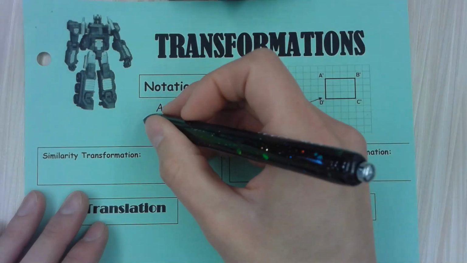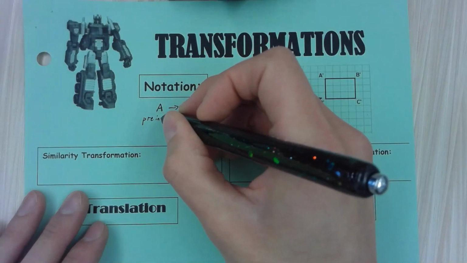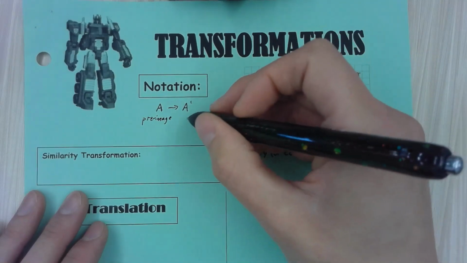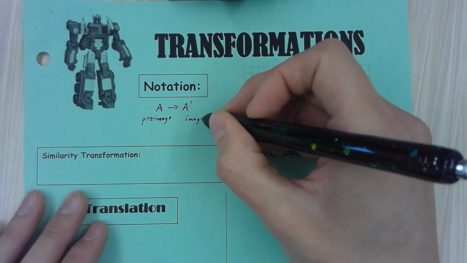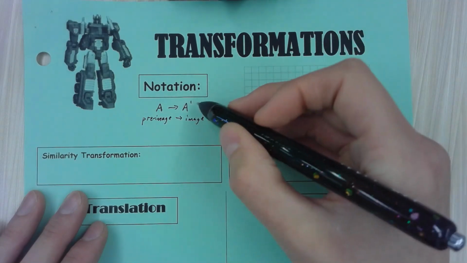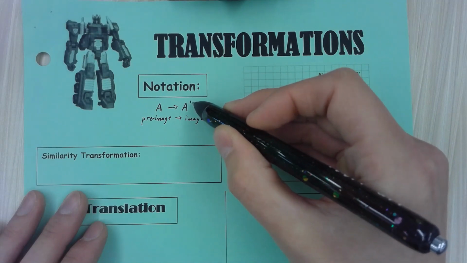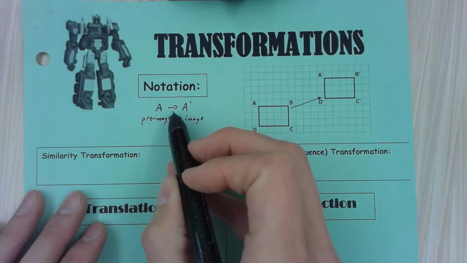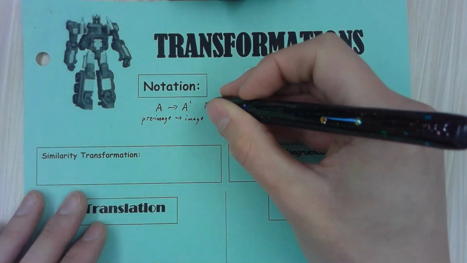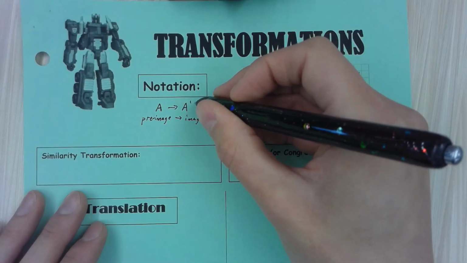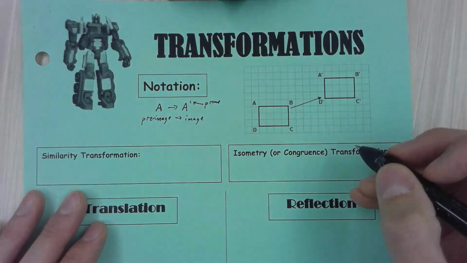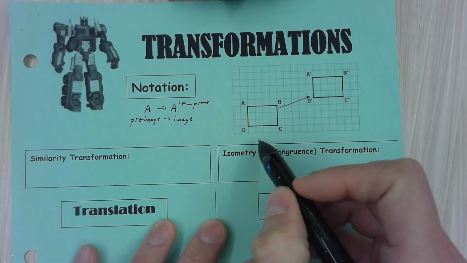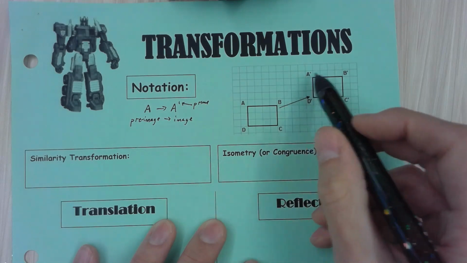So this original one is called the pre-image, and after the transformation, it is called the image. And we denote that using this little dash mark after the letter, which we're going to read out loud as prime. So A transforms into A prime. So prime is how we're going to read that little dash mark.